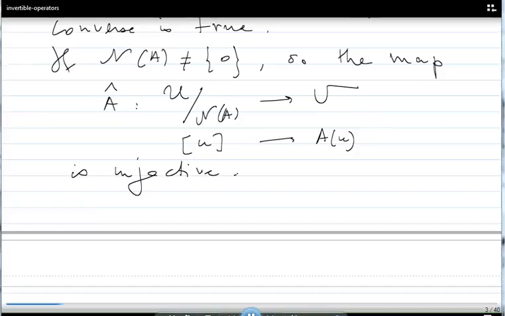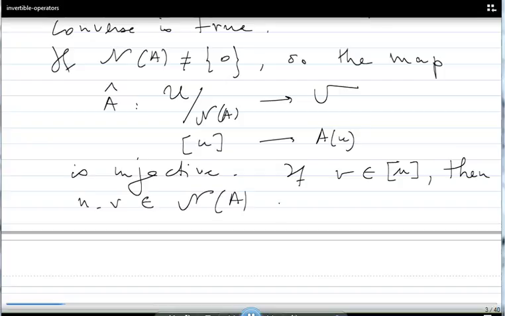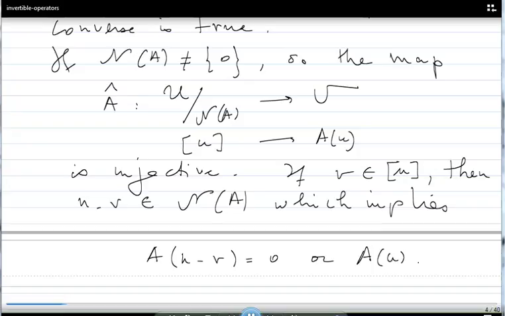First of all, before we proceed a little bit more, we can ask, is it well defined? In other words, what if I take another element in the class of u? So if v belongs to the class of u, then u minus v belongs to N of A, which implies A of u minus v equals 0, or because of the linearity, A of u equal A of v.